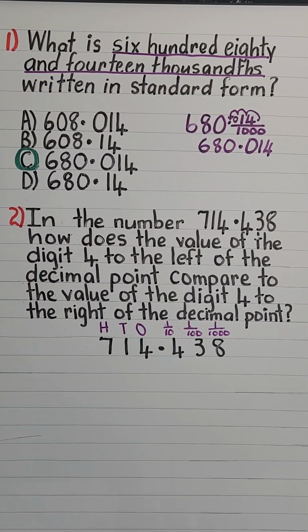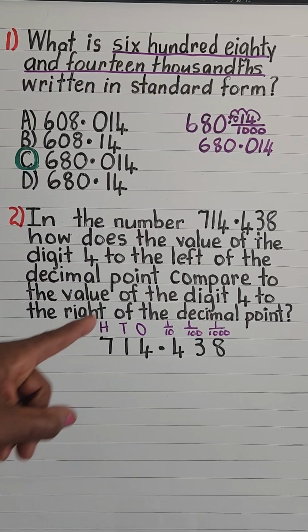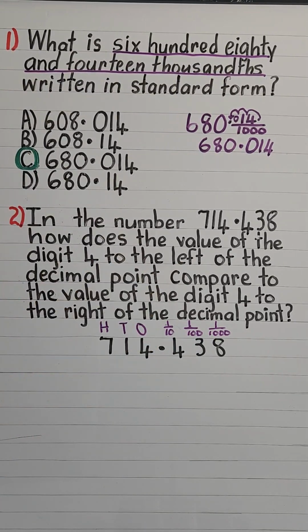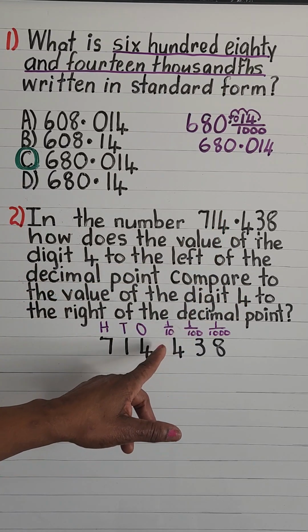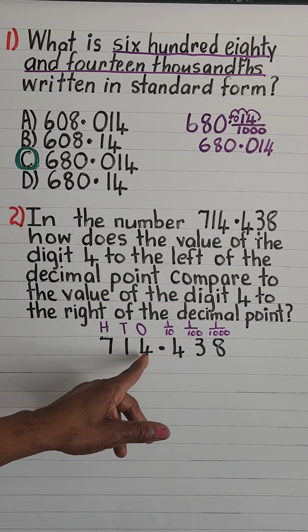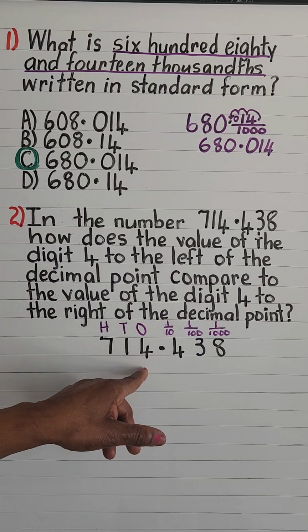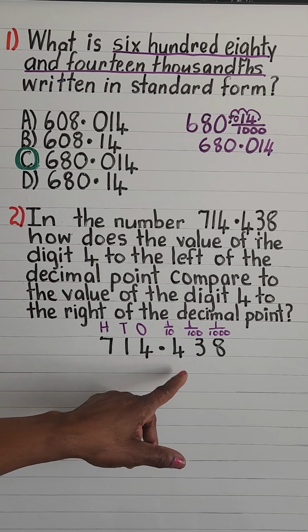So now that we have identified our place value names, let's go ahead and look at these two 4s. So the 4 to the left of the decimal point is ones. It means 4 ones.